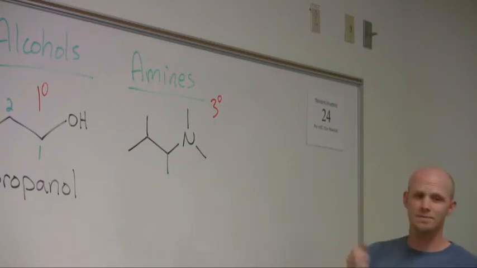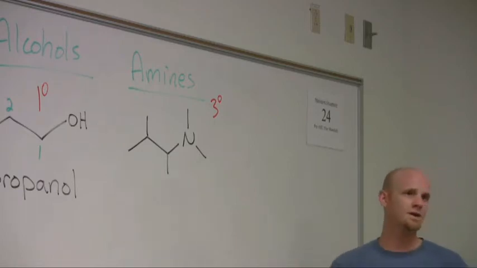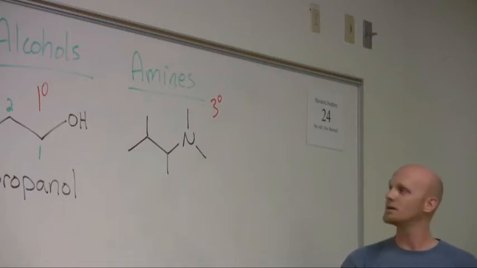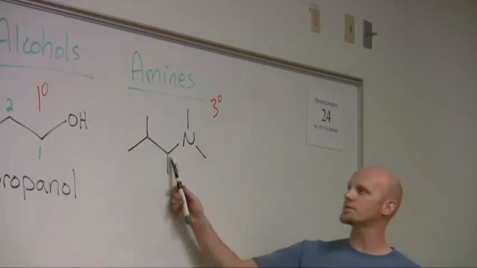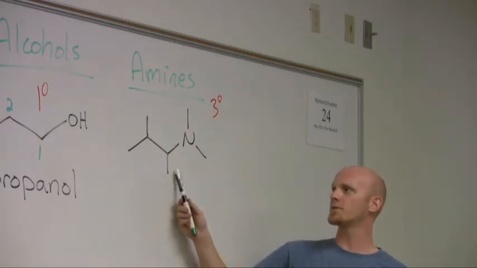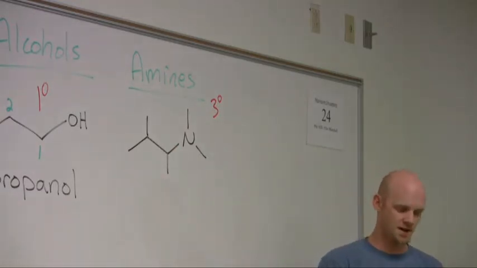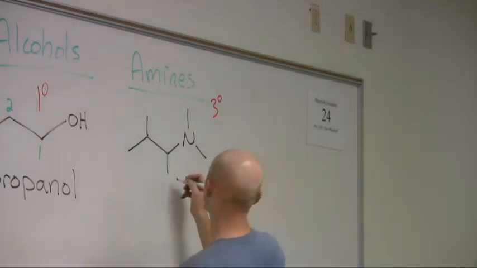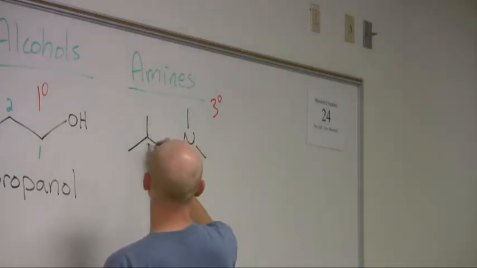All right, so how are we going to name that? Find the longest carbon chain bonded to the nitrogen. How long is the longest carbon chain bonded to the nitrogen? I really want you to pick 3, but you shouldn't. It's 4. Going right through here, whether up or down doesn't matter, is the longest chain. And we number it in such a way as to give the nitrogen bonded to the lowest numbered carbon.